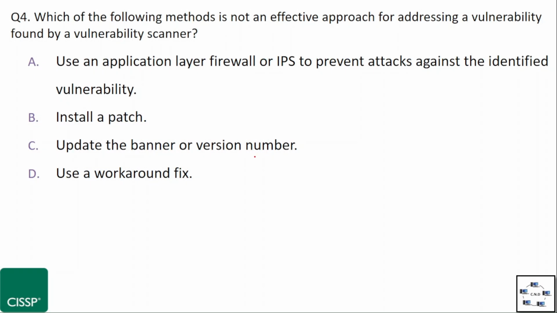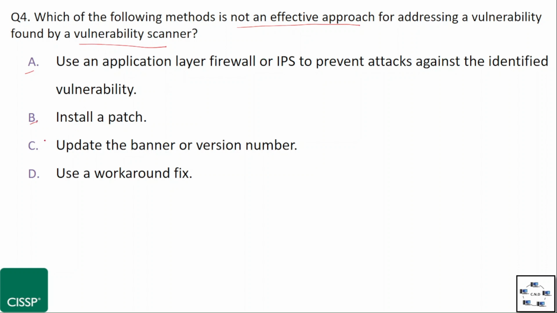Question number 4. Which of the following methods is not an effective approach for addressing a vulnerability found by a vulnerability scanner? And the options are option A, use an application layer firewall or IPS to prevent attacks against the identified vulnerability.